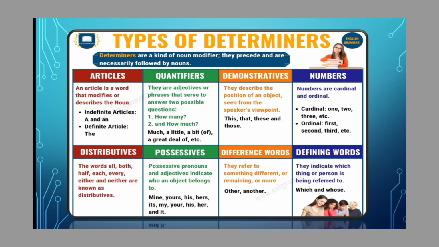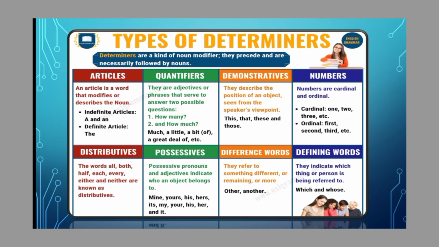Next, possessives. Possessives also I told you earlier. Possessive pronouns and adjectives indicate who an object belongs to. It tells the ownership, whose it is. Mine, yours, his, hers, its, my, your, his, her, and its. And yourself, ours also act as possessives.